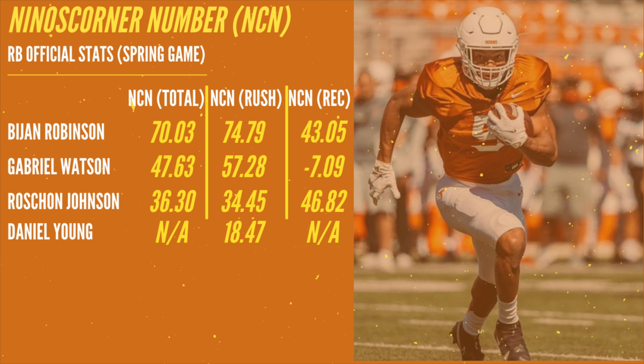But yeah, his total NCN was 47.63. What I liked about Gabriel Watson, he is the FCS transfer, if I'm not mistaken. He's a pretty big guy, about 6 foot or 6'1", about 235 pounds. He's a bulldozer. It's the kind of player that we're going to see Rojo be this season. He's going to be that bulldozer going behind that first team offensive line. That's what Gabriel Watson was going on.